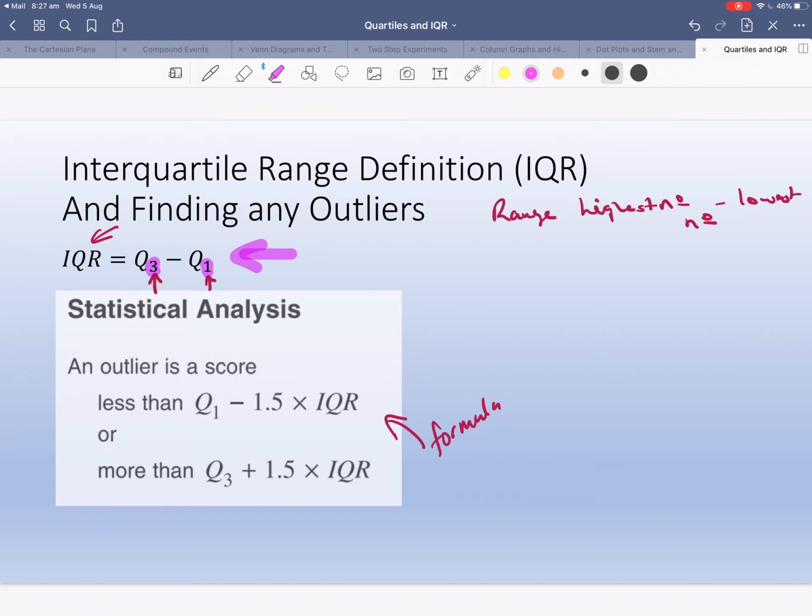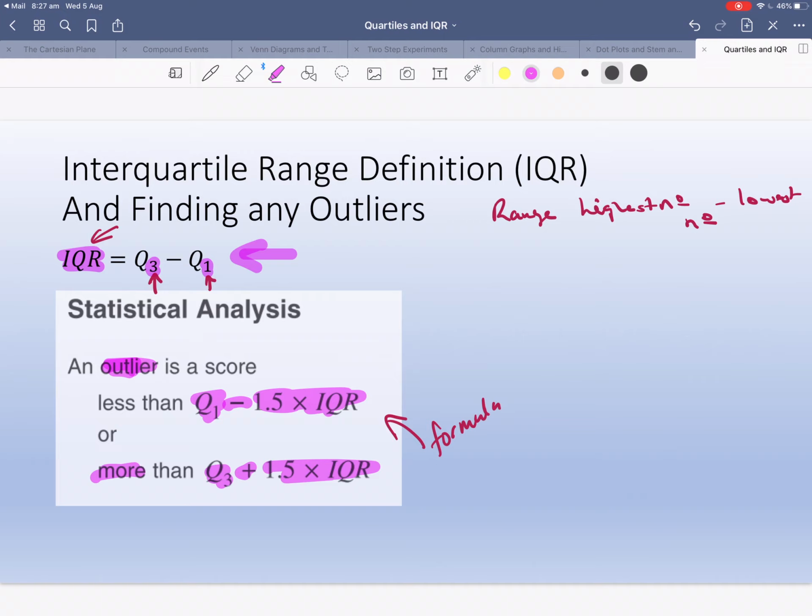Now that we have the interquartile range, to find an outlier, a score is an outlier if it is less than Q1 minus 1.5 times the interquartile range, or more than Q3 plus 1.5 times IQR.